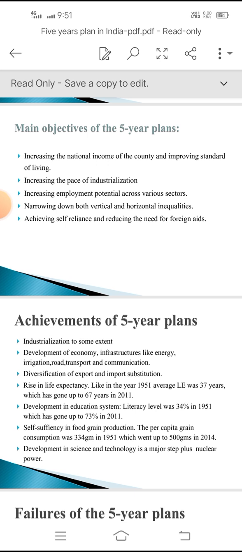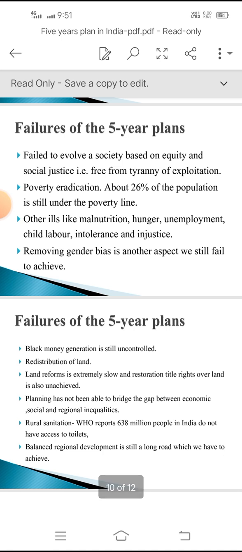The self-sufficiency of food grain production: the per capita grain consumption was 334 grams in 1951, which went up to 500 grams in 2014. So the consumption of the people is gradually increasing day by day, particularly compared from 1951 to 2014. Development of science and technology as a major step, and nuclear power we are also producing for self-production purposes alone.